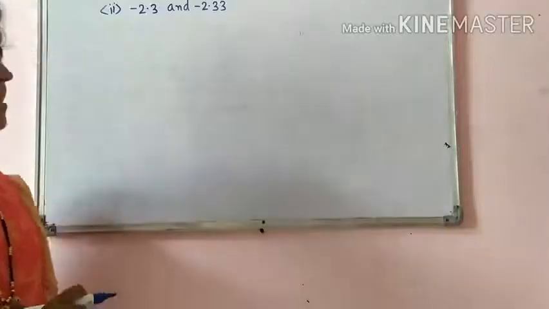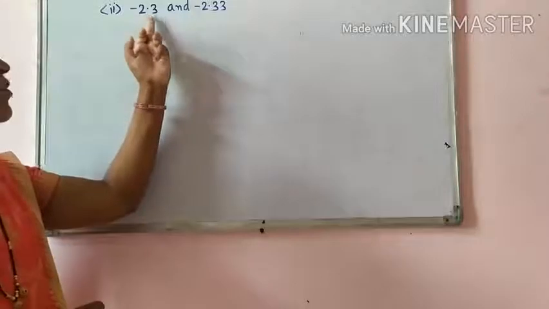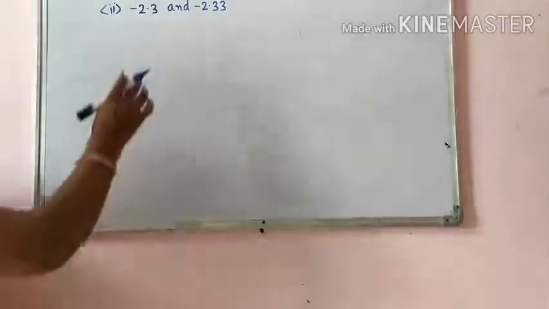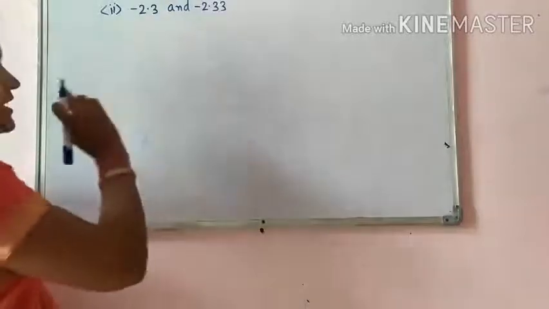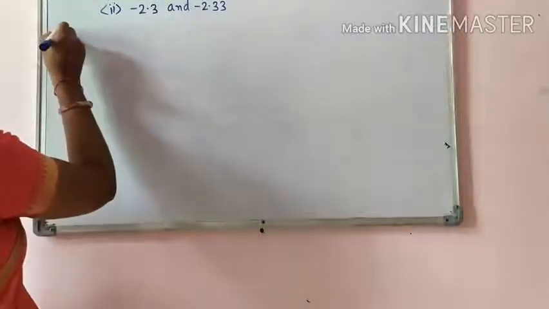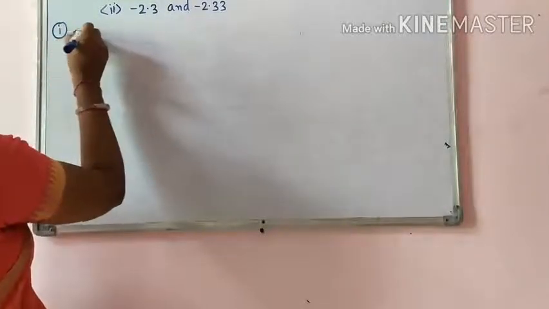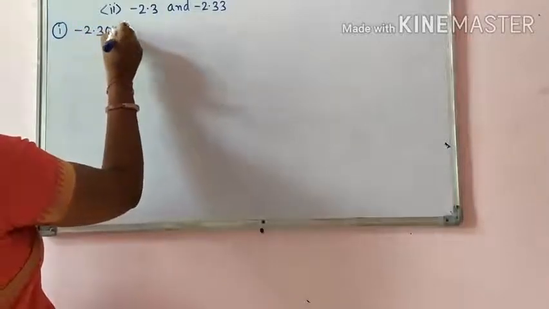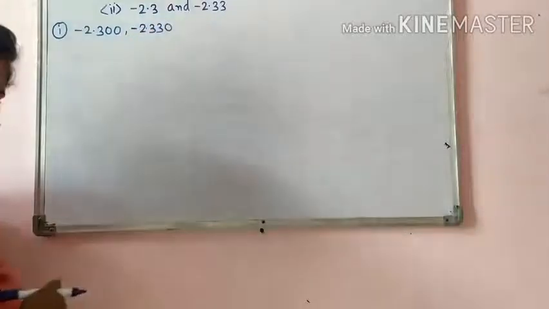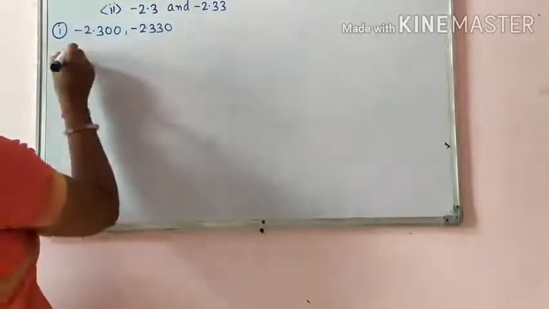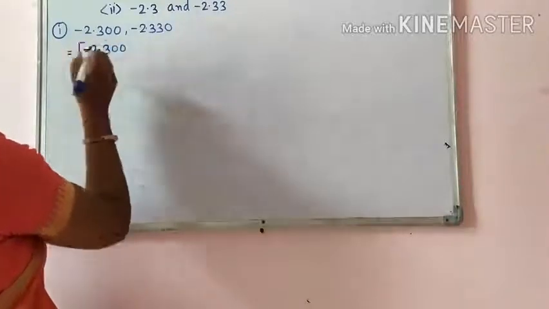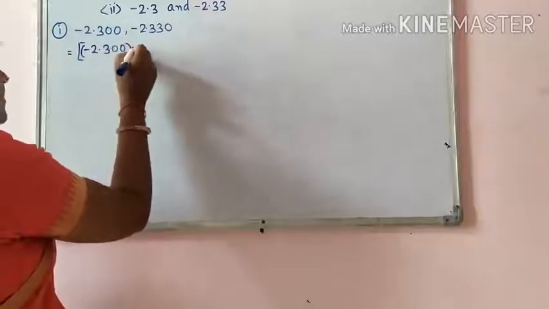Second one is find the rational numbers between minus 2.3 and minus 2.33. आता पुन्हा एकदा आपल्याला ह्या दोन्हीच्या मधले 3 रॅशनल नंबर्स शोधायचे आहेत. पहिल्यांदा आपण हे जे मायनस 2.3 आहे त्याला 300 लिहू आणि हे मायनस 2.33 आहे त्याला 330 लिहू. सो ह्या दोन्हीची आपल्याला बेरीज करायची मधला नंबर शोधण्यासाठी आणि त्याच्या बेरजेला आपल्याला काय करायचं 2 न भागायचं आहे.